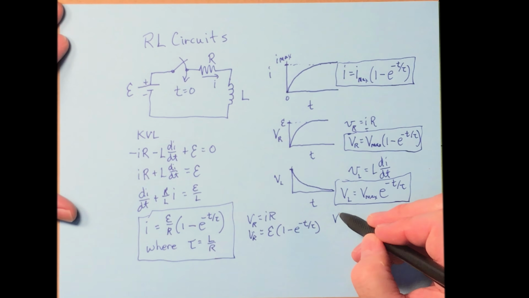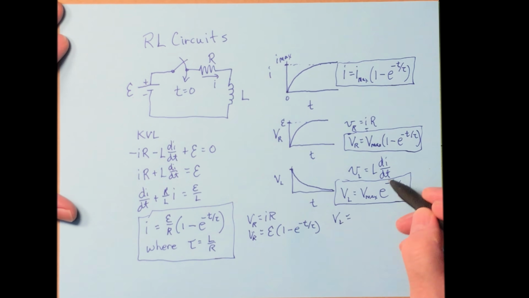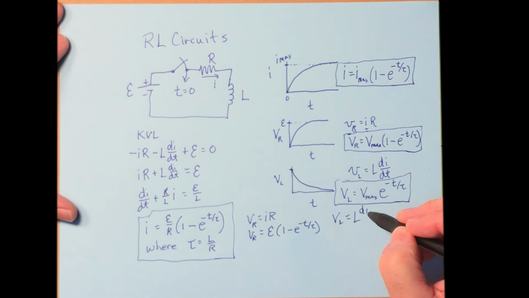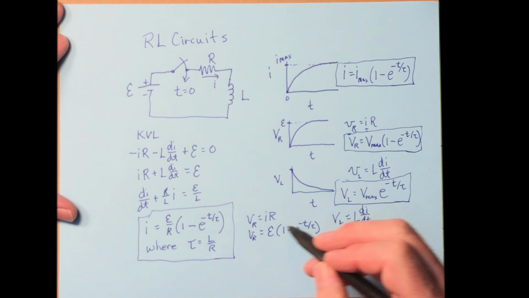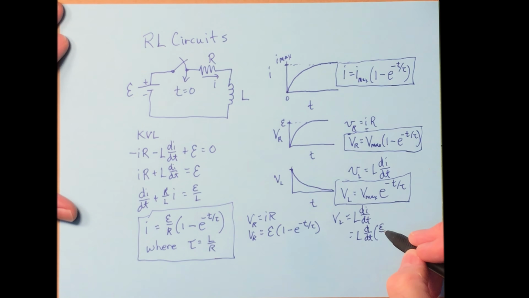All right, what about V sub L then? Well, V sub L is L di dt. So it's going to be L times the derivative with respect to time of this, E over R times 1 minus e to the negative t over tau. And when we do the multiplication here, let's see what we get.